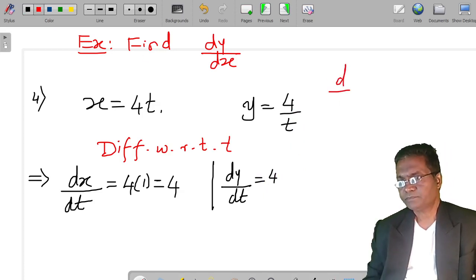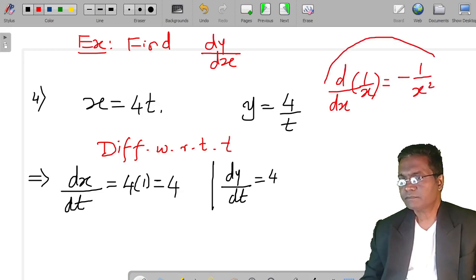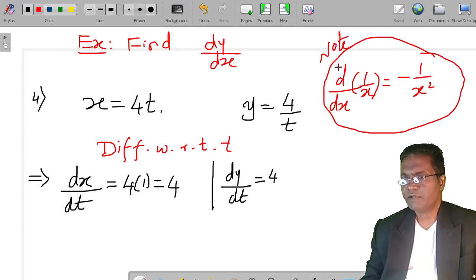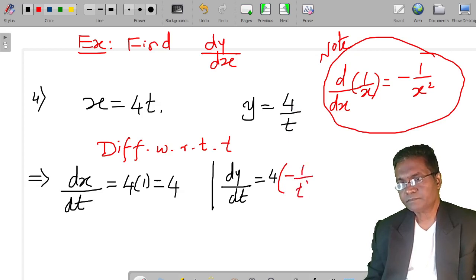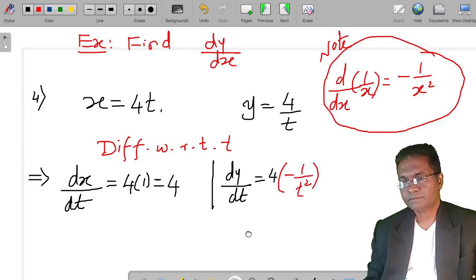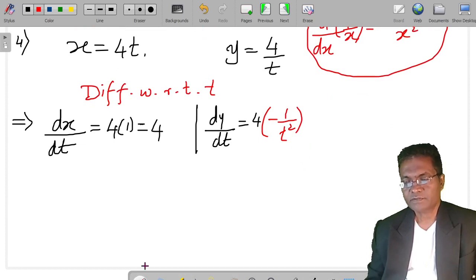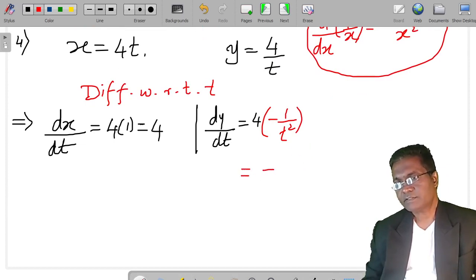Note down this: d by dx of 1 by x is minus 1 by x square. Remember this. In the same form, the derivative of 1 by t is minus 1 by t square. So you can write it as minus 4 by t square.